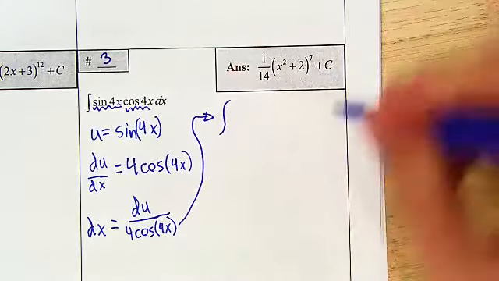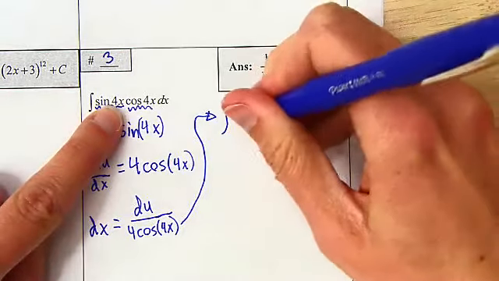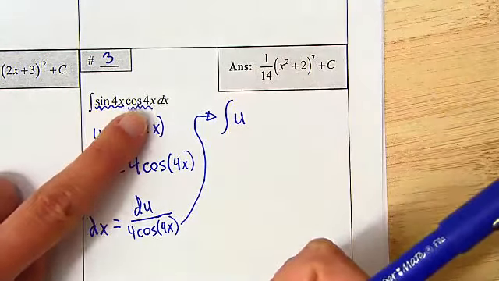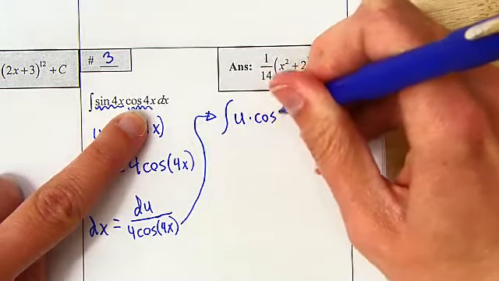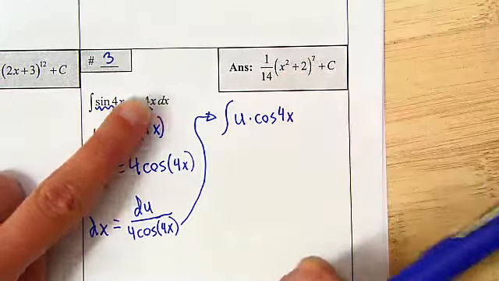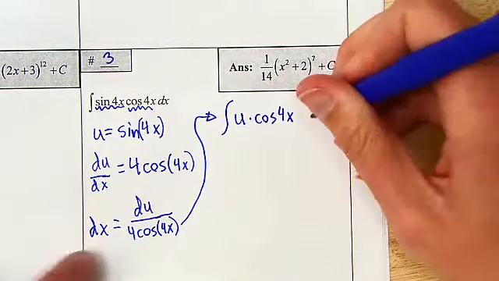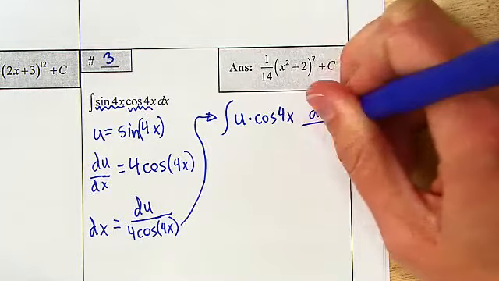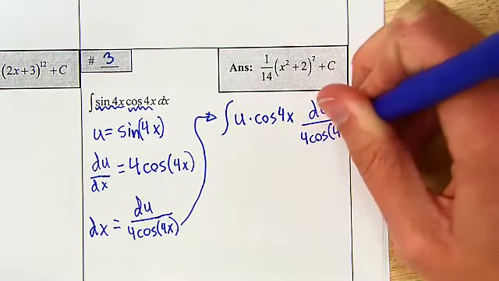So I have the integral. That sine of 4x, we said that was our u, so I'm just going to write that as u. Cosine of 4x, I didn't do anything with that, so I'm just going to leave that as cosine of 4x. And then dx, I'm going to replace with what I got down here. So dx is now du over 4 times cosine of 4x.